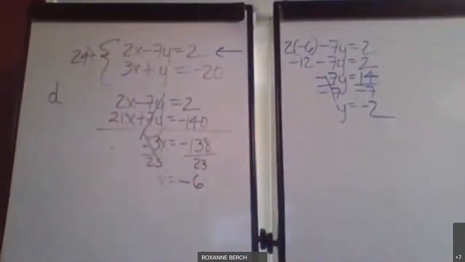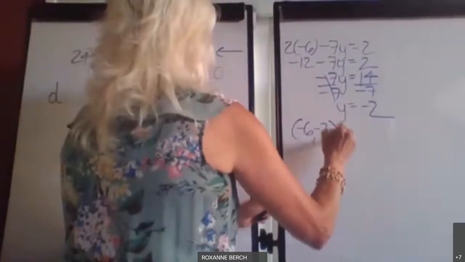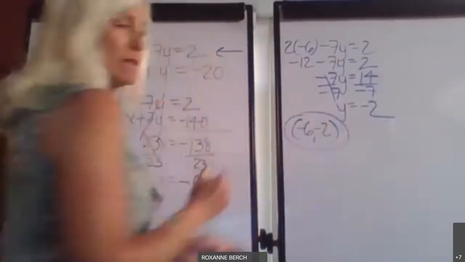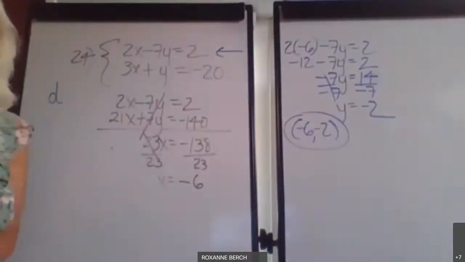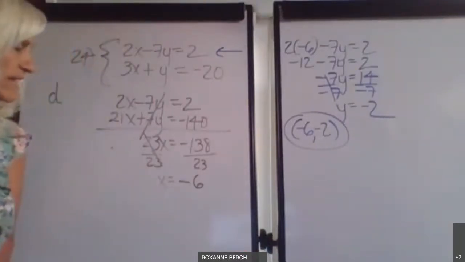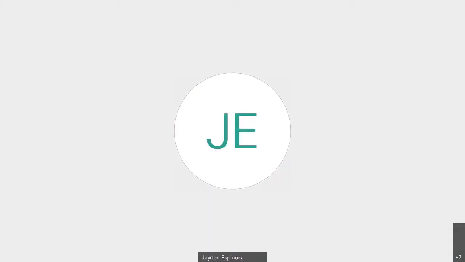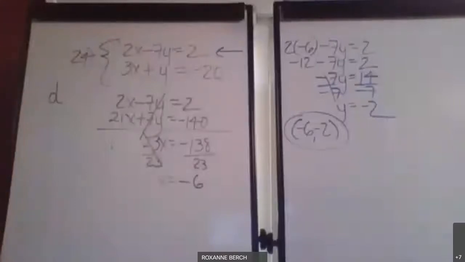Did you guys get -6, -2? Yeah, I got that. Jaden, Paige, you guys get -6, -2? Yeah. Jerry, you out there? Yeah, I got that. Naomi? Yeah. Okay.